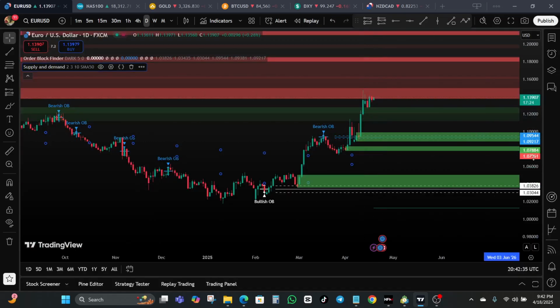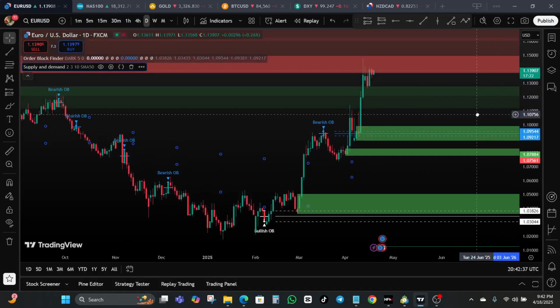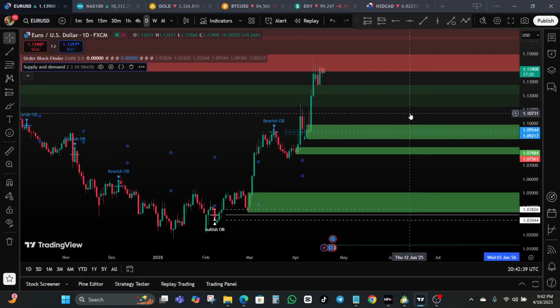All right, you can see the important zones that this indicator highlights, giving you a clean view of where the market is likely to reverse or continue. So it removes the guesswork and shows you only the most relevant zones. Now, these tools work across all time frames and asset classes, whether you are trading Forex, crypto, indices, or stocks.